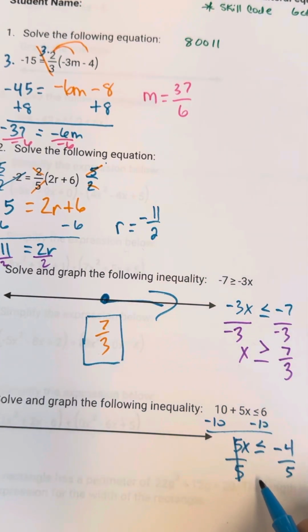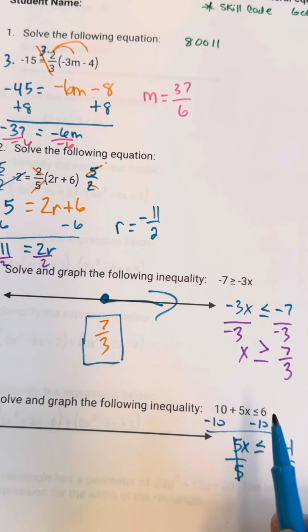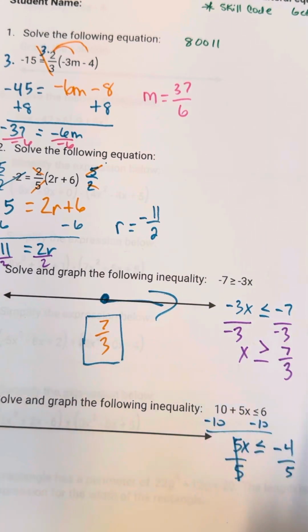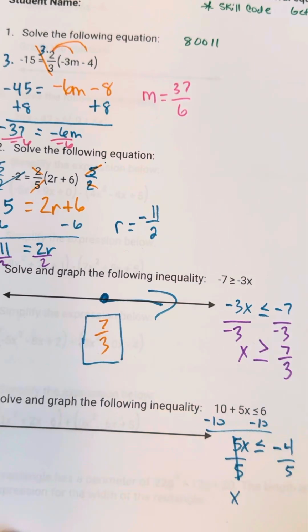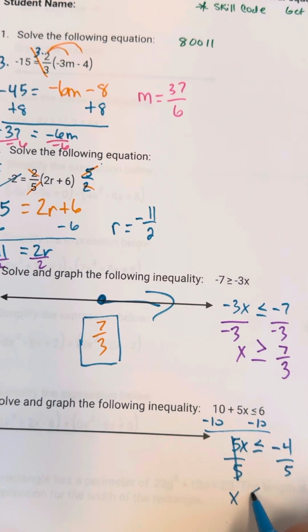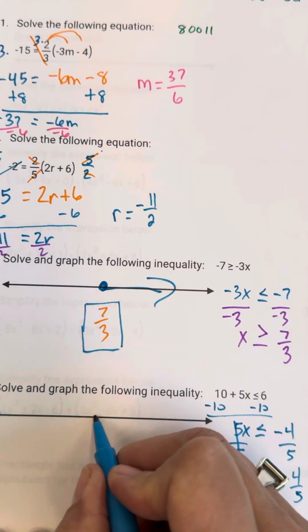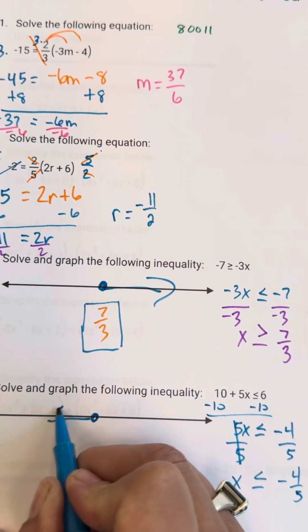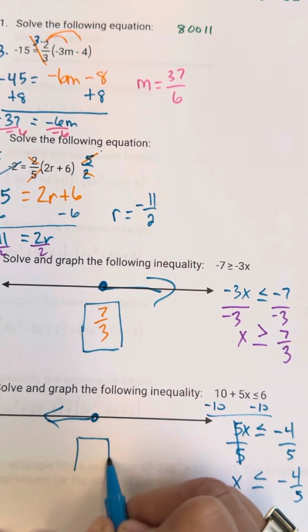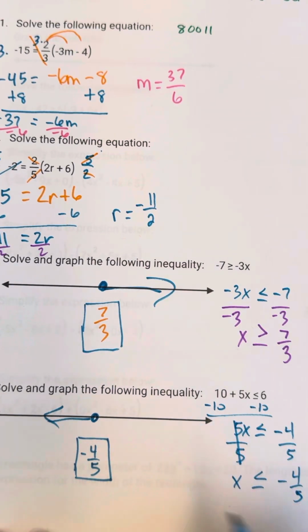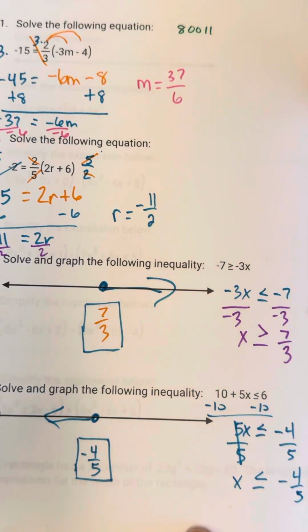And so on the first two, since it's just one variable, you do not have to enter the r equals or the m equals. But since it's an inequality, you do have to enter the entire answer. x is less than or equal to negative 4/5. And so it is a solid circle, and you're going to be shading to the left. And again, when you hit check on the top portion, it will auto-populate the number in the box. Okay.